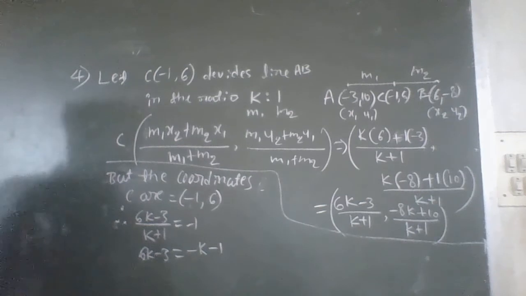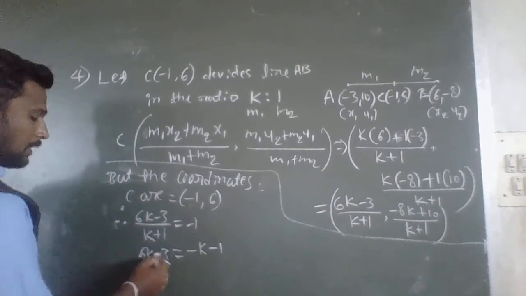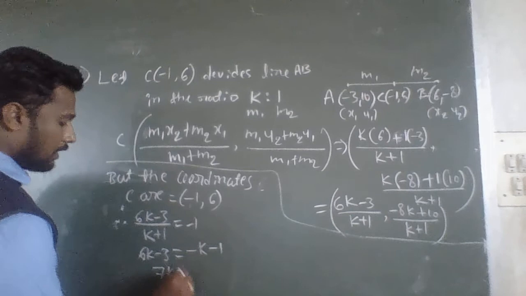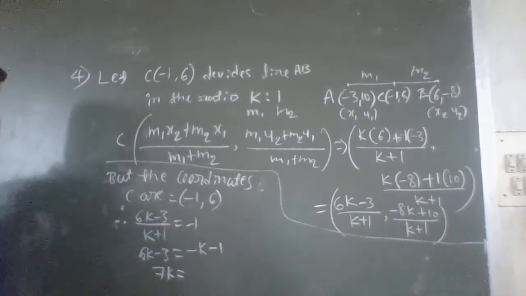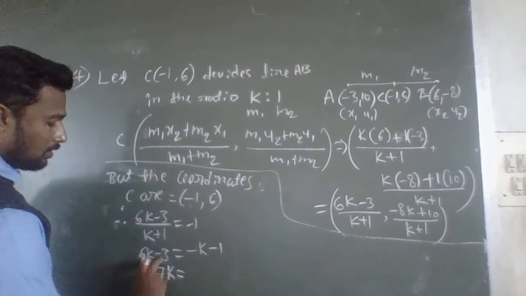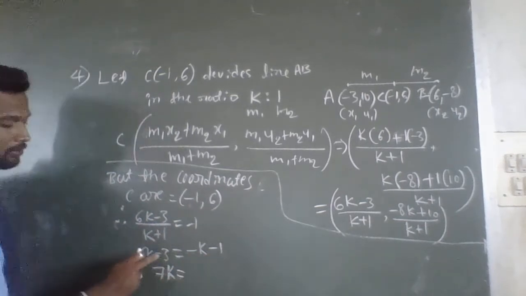To calculate this k value, I will take this k to the left hand side. So 6k plus k means what you will get? 7k, and I will take this 3 to the right hand side. When I move this 3 to the right hand side, what does it become? Plus.